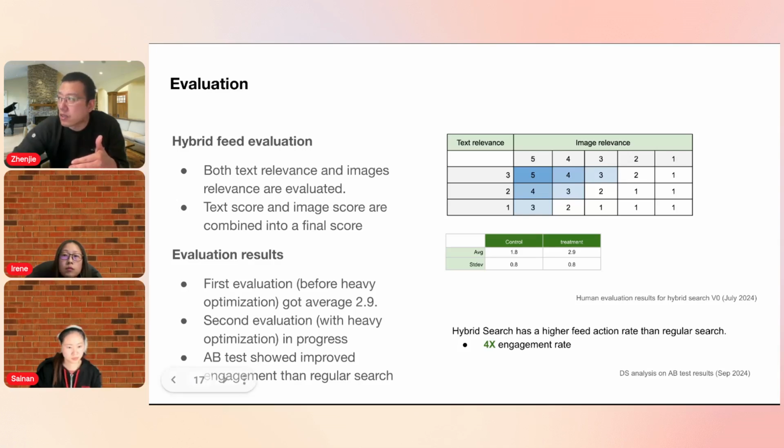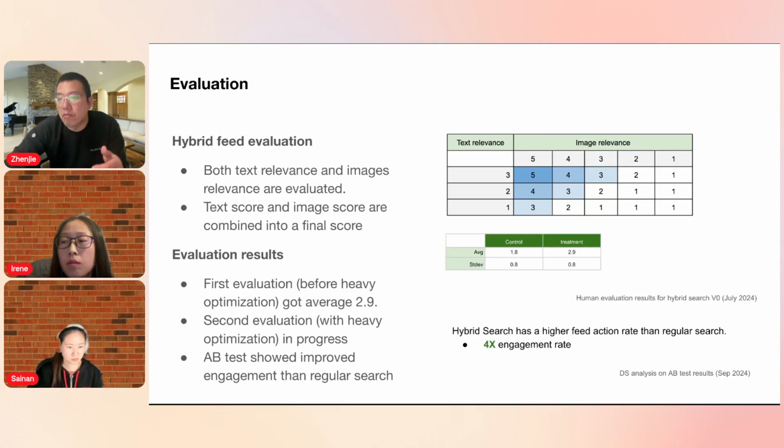These results are the first round of the evaluation we did earlier in the year, before we had all of these refinements that you have heard just now from Sanan and from Irene. The average relevance of hybrid search was 2.9, which means it's very close to 3, and the relevance is apparent to human eyes.